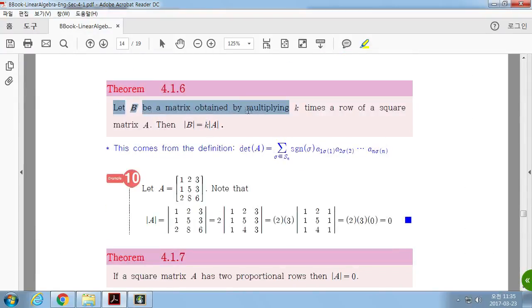Let B be a matrix obtained by multiplying a row of a square matrix A by k. Then the determinant of B is just k times the determinant of A. Why?